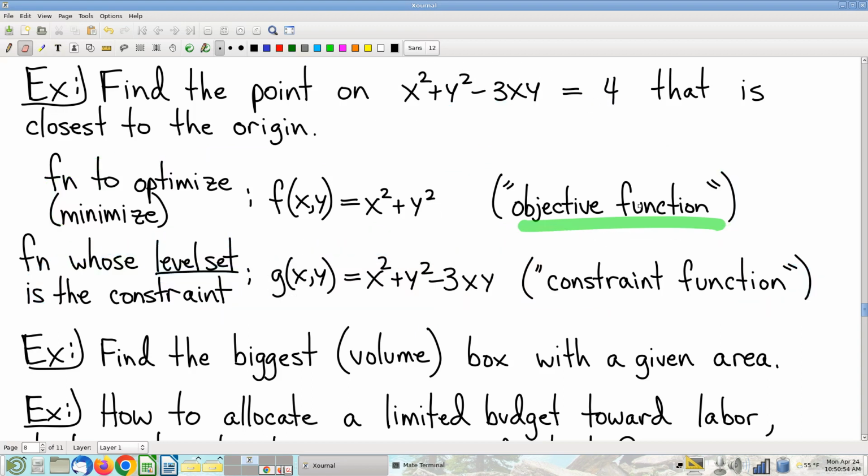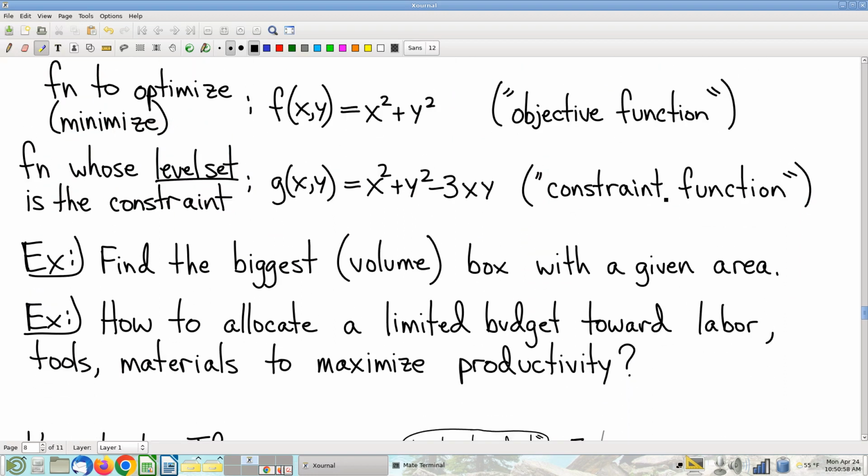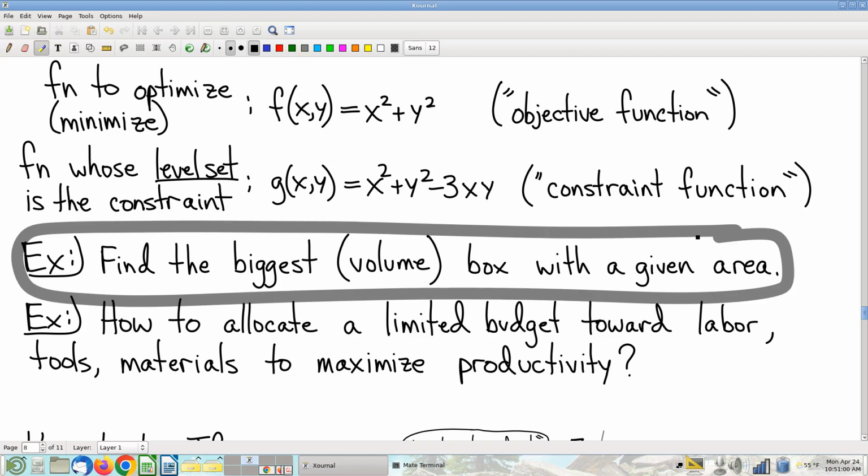Okay. So just as some examples, here's a question. Suppose you want to find the box of greatest volume that has a certain amount of area. There's all sorts of boxes, long and skinny, tall and narrow, medium in all directions, various different shapes of rectangular boxes.